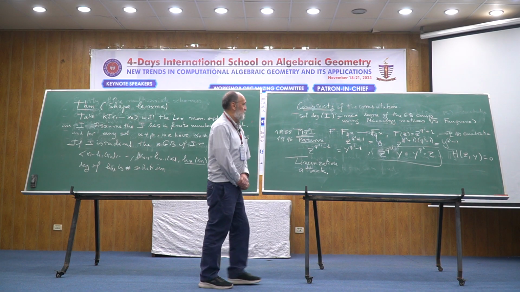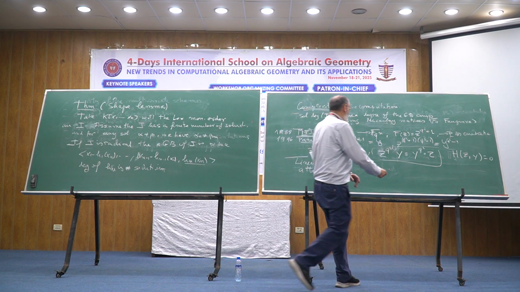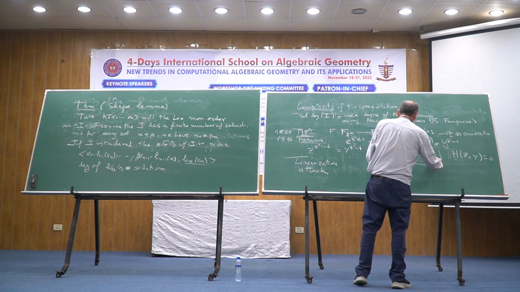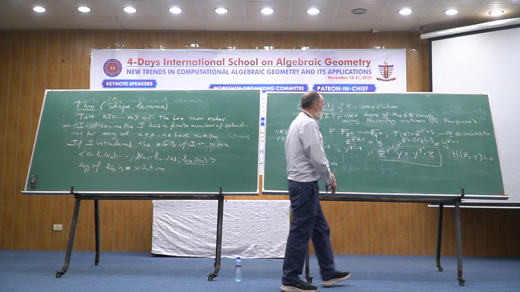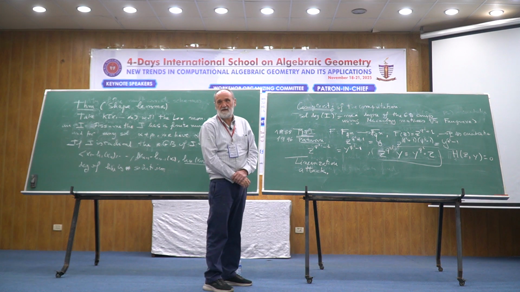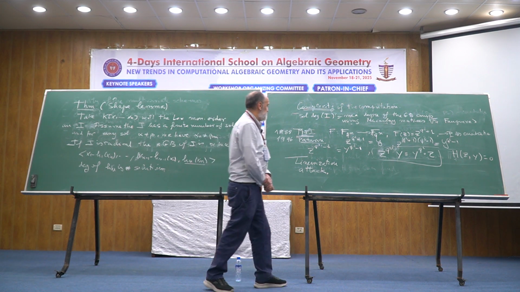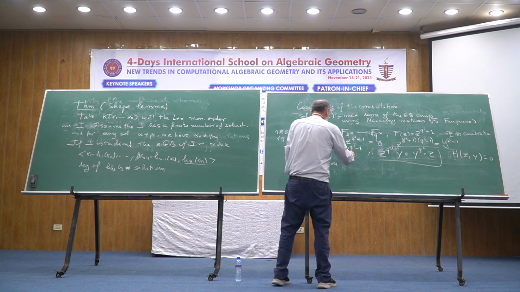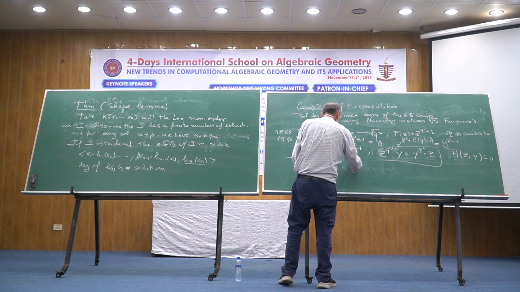Why? Because we have this equation at the level of the big field, but we apply the isomorphism. I didn't write it, you can see the notes from yesterday. We can pass this equation to the small field, F_q to the n.